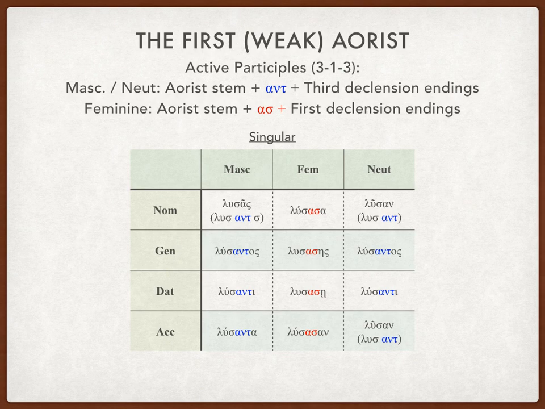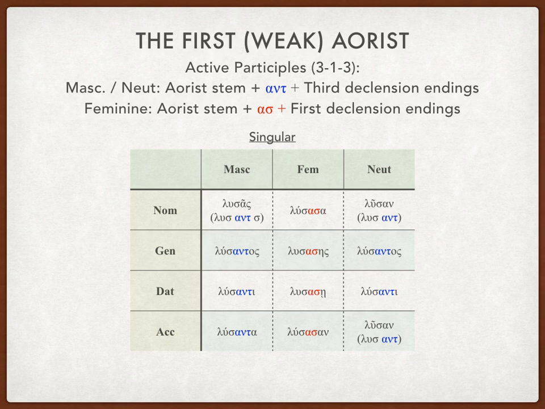I will add ant in blue instead of ont with omicron, which you've already seen for active and second aorist participles in the active voice elsewhere, plus third declension endings. Remember, this is a 3-1-3 system for the masculine and neuter. In the feminine column, I will use as instead of us. Remember, alphas kind of win out in the first aorist. And then I will use all the third and first declension endings I've already seen before.